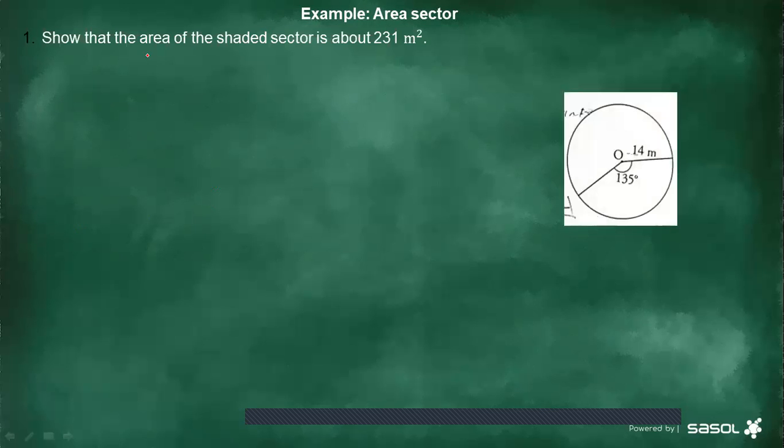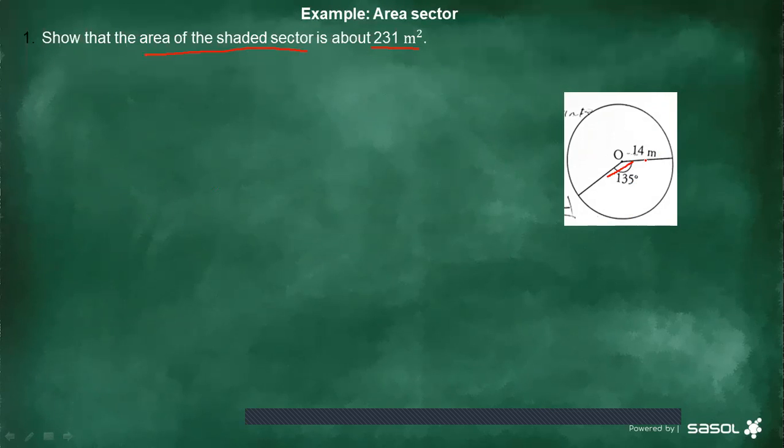Show that the area of the shaded sector is now this. Now in this case, they have already calculated the area of a sector, so we just have to prove that answer, which is 231 meters squared. Then we'll have to calculate the area of a sector with this one, meaning we are going to be calculating the area of this part here.